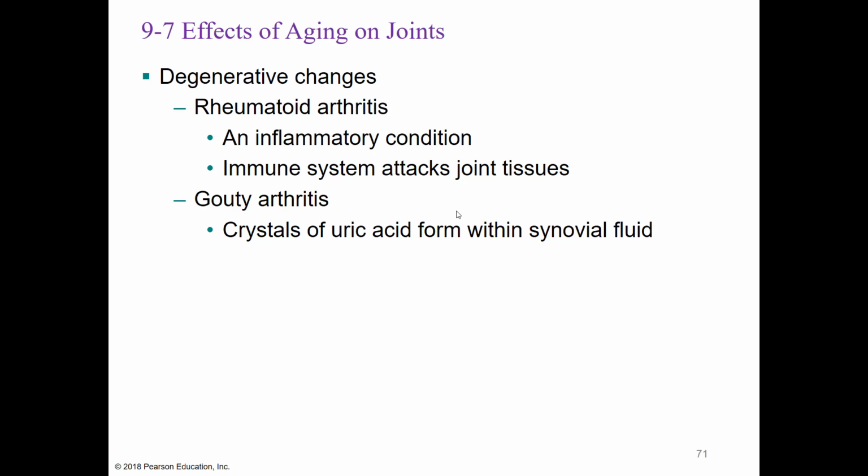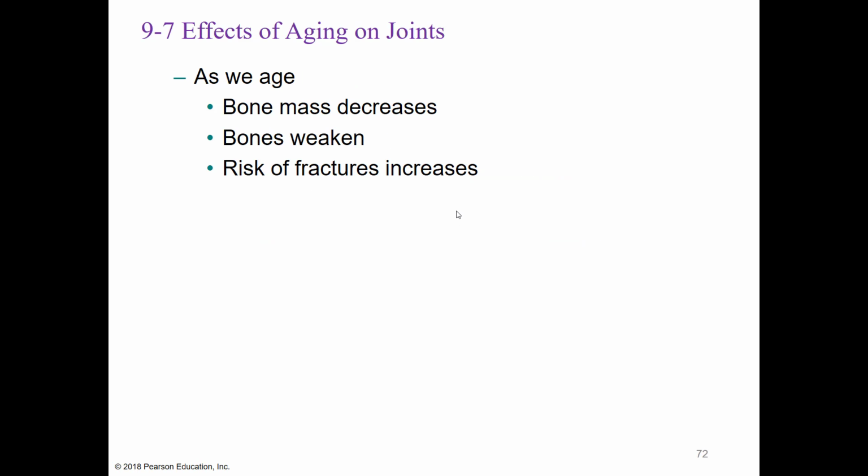And gouty arthritis is when crystals of uric acid form within the synovial fluid in the joint, which can cause really severe pain and swelling within the joint. As we age, our bone mass decreases, bones weaken, and the risk of fracture increases.